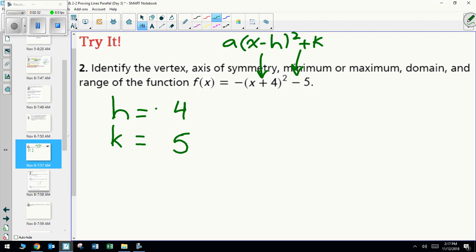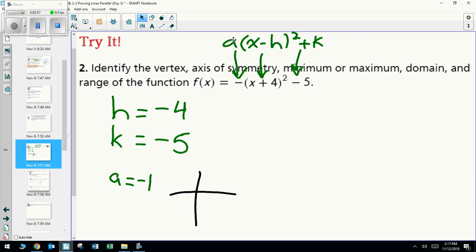They're going to be -4 and -5 because those signs are opposite. And I also know my a value here is a -1. And now this is important because it tells me that the graph opens downwards. And also my h and my k value tell me that it shifted to the left 4 and down 5. So my parabola is something like that on the coordinate plane.